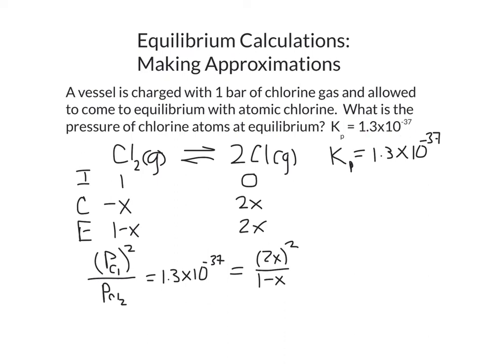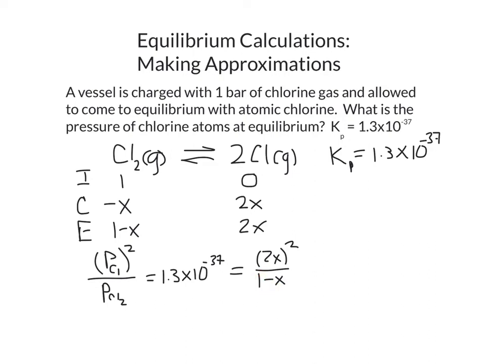That means that the amount of products that I make in this reaction is extremely small. I use up almost none of the chlorine gas and make a very, very small amount of chlorine atoms. And therefore, X is going to be really, really small compared to the 1 bar of chlorine gas that I started with. So if I take 1 and subtract an extremely small number, it will essentially still remain 1.